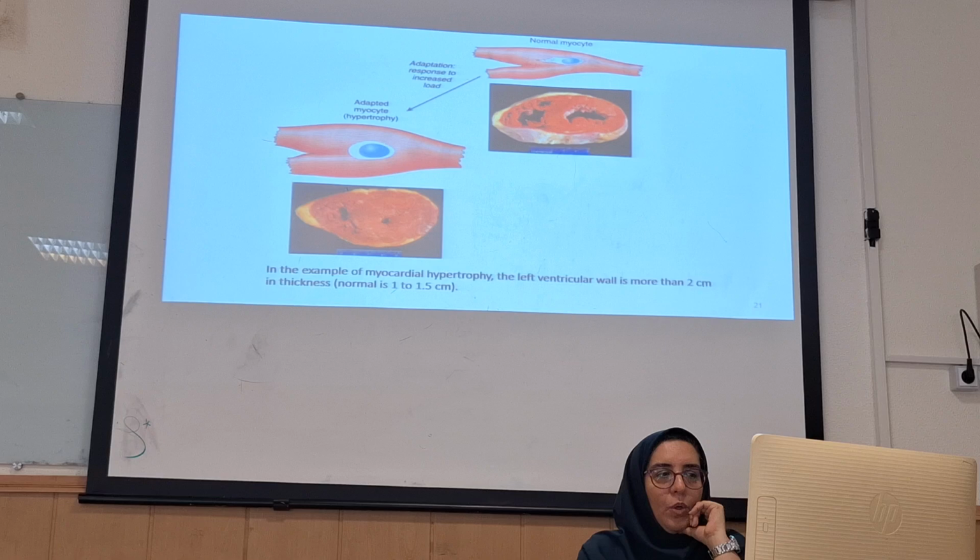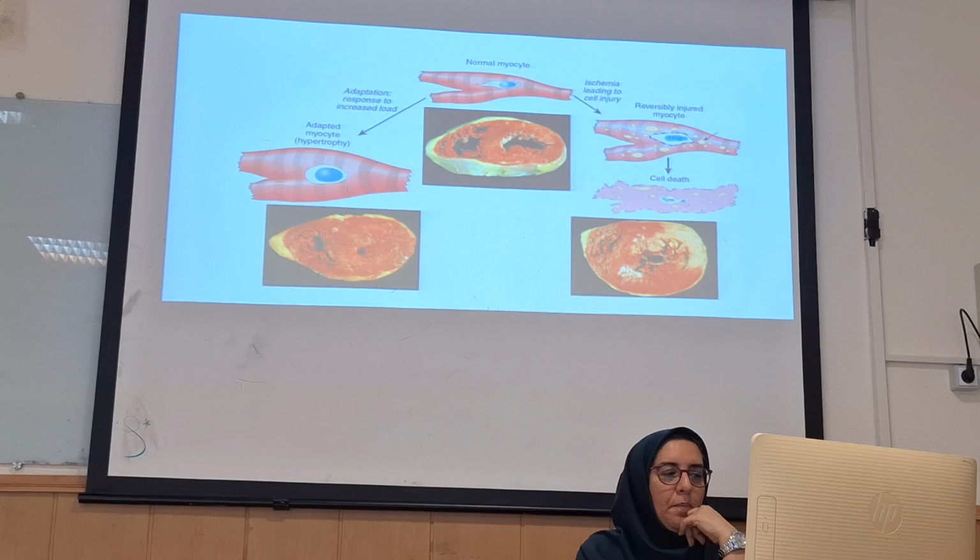This figure also shows a normal heart, with normal cardiac wall thickness, which is 1 to 1.5 centimeters. After hypertrophy, we have enlargement of the cardiac muscle and thickening of more than 2 centimeters and narrowing of the lumen.